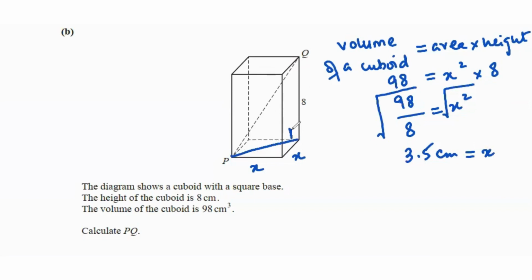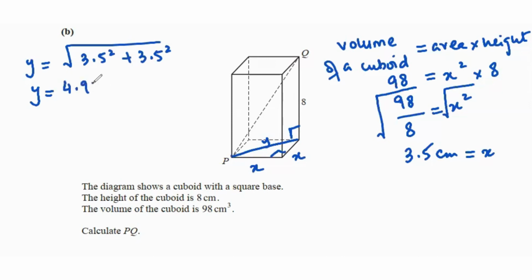If you find this length, then you have a complete right angle triangle with one unknown. So I'm going to call this y. Y equals the square root of 3.5 squared plus 3.5 squared. Why? Because it's also a right angle, so we can apply Pythagoras. That's going to give us 4.95 centimeters.